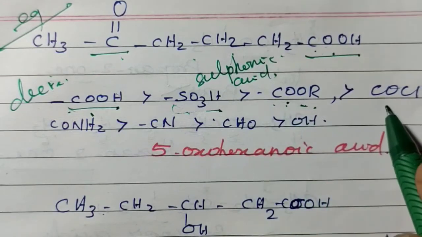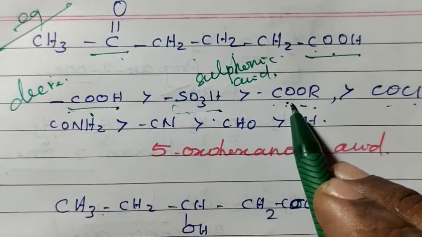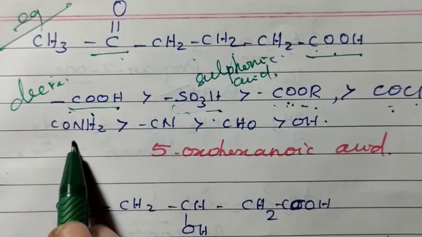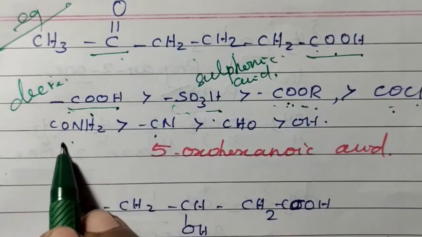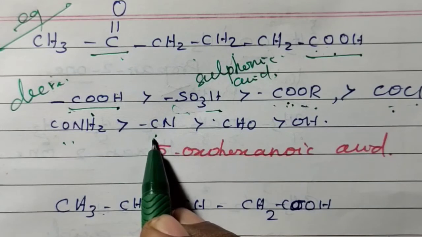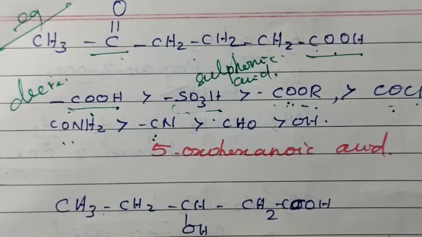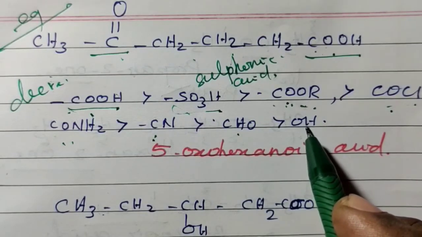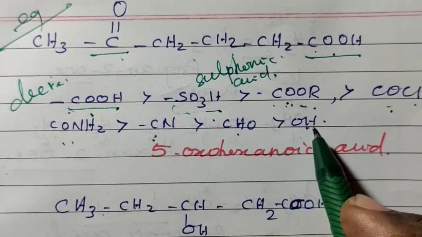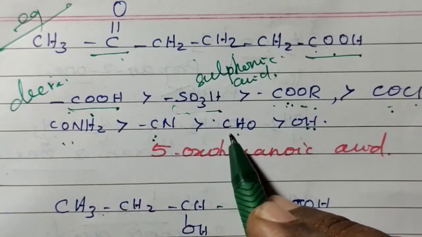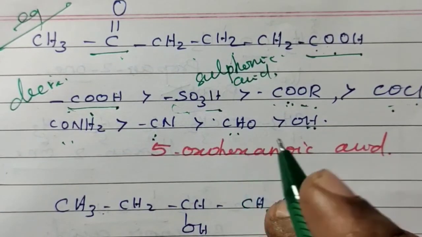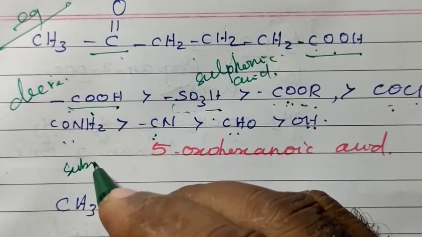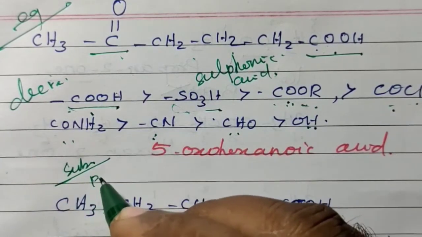If COR and COCl are present, this acts as a functional group, this acts as a substituent. If amide and CN are present, amide acts as a functional group, CN acts as a substituent. If aldehyde and alcohol are present, alcohol acts as a substituent, aldehyde acts as a functional group. When a functional group acts as a substituent, it has a particular prefix.